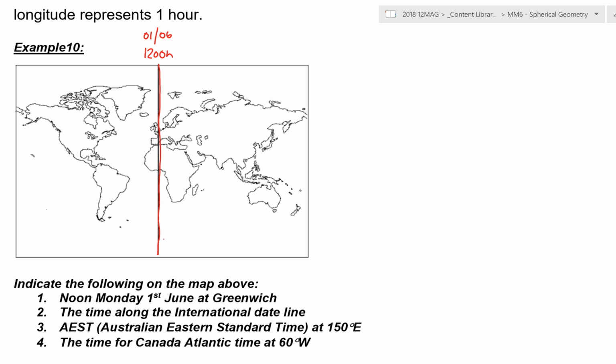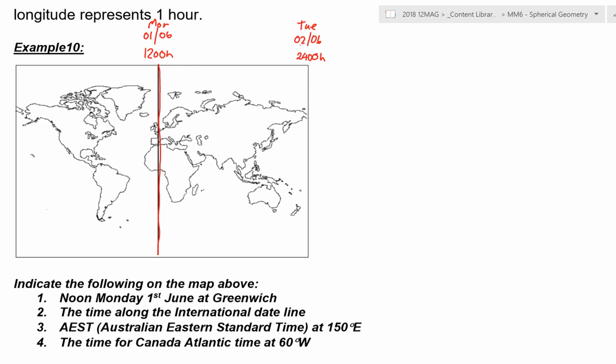The international date line. If we go all the way over here, this is going to be a whole 12 hours in front, so 2400 hours. It's moved on from Monday. Here it will now be very early Tuesday morning on the 2nd of June, because 12 hours after noon is midnight of the following day.